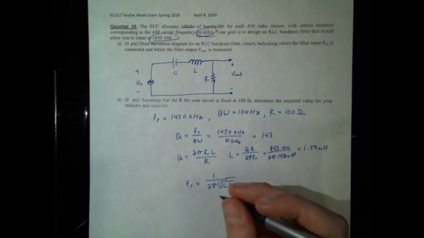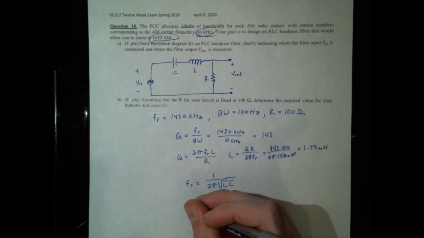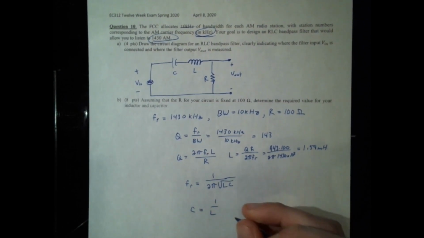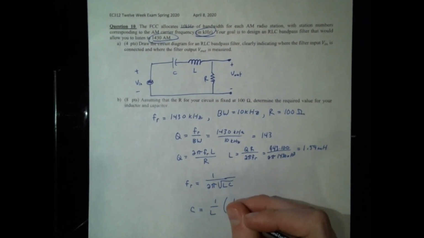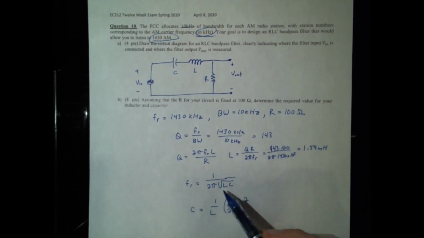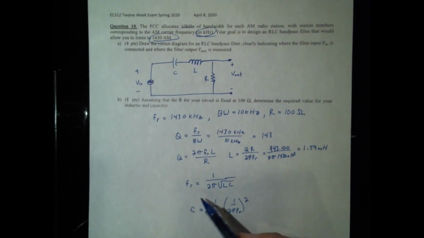We switch terms around a little bit, and we end up with C equal to 1 over L times 1 over 2 pi fR squared. This is just multiplying through by square root of LC and dividing by fR.